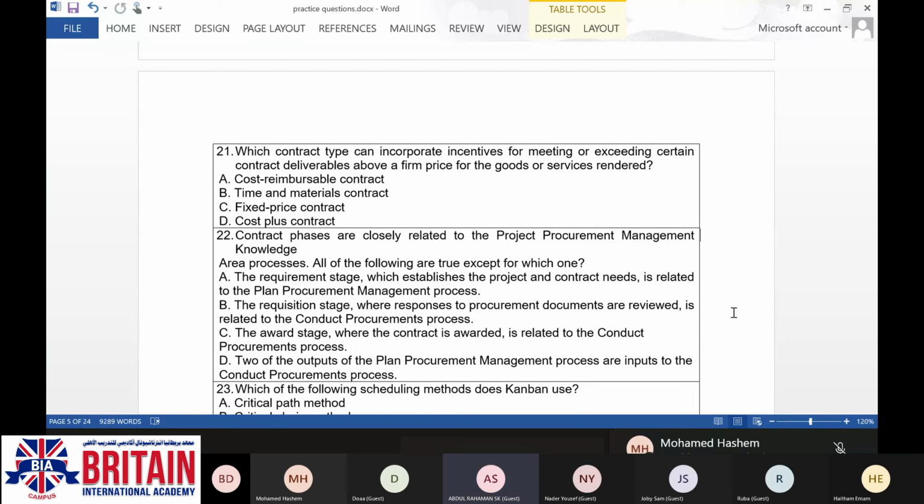B, the requisition stage where responses to procurement documents are reviewed is related to the conduct procurement process. C, the award stage where the contract is awarded is related to the conduct procurement process. D, two of the outputs of the plan procurement management process are inputs to the conduct procurement process.